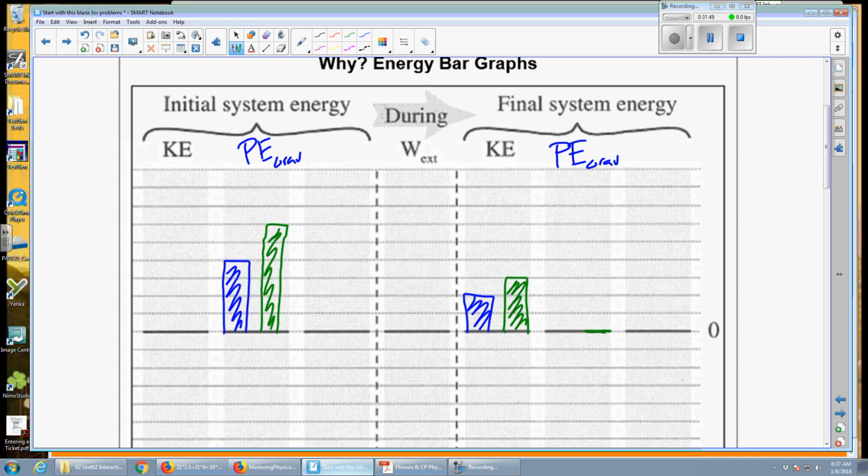So let's see how many I have here. 1, 2, 3, 4, 5, 6, 7, 8, 9, 10. 1, 2, 3. So I've got to go up. It's 5 plus 5 is 10. So my energy is conserved because I got 5 before, and then I've got 5 afterwards.